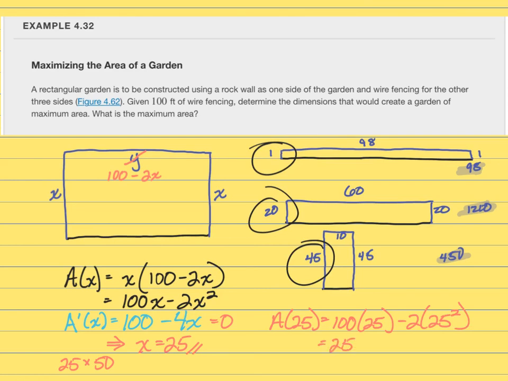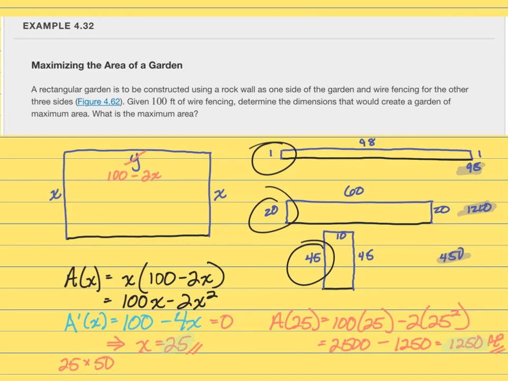So 2500 minus 1250, excuse me, equals 1250 square feet. And so that's the maximum area we could get. And we get that by creating a garden that is 25 by 50.